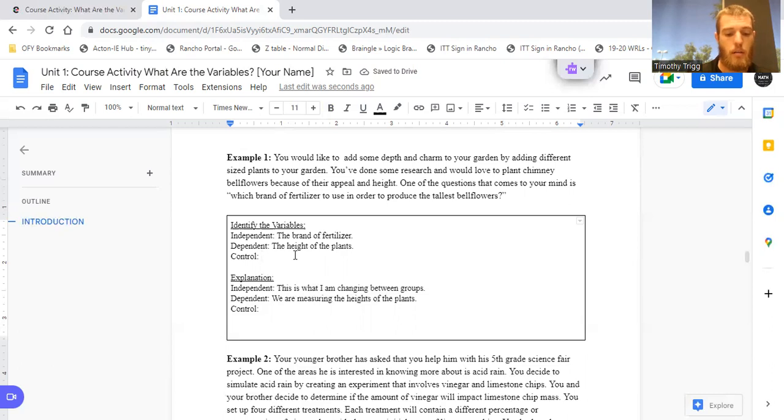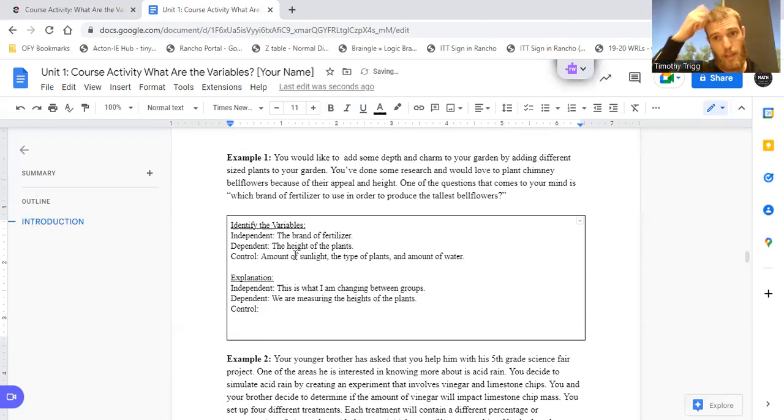So amount of sunlight, the type of plant, and amount of water.